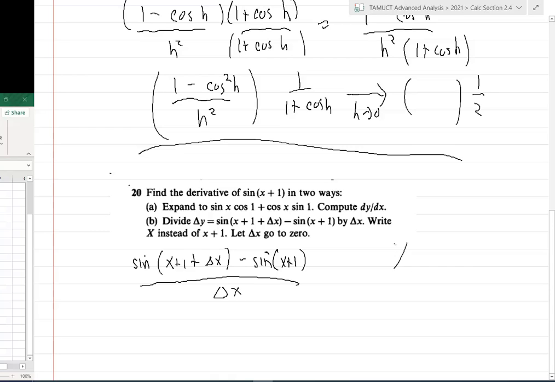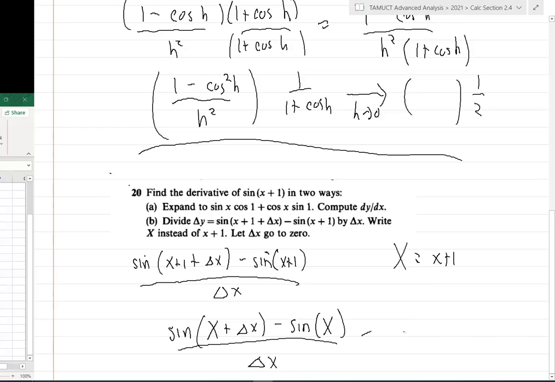And then he lets capital X equal x plus 1. So he's getting sine of capital X plus delta x minus sine capital X over delta x.